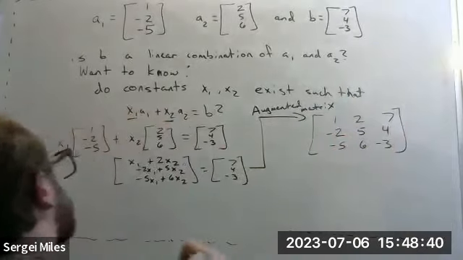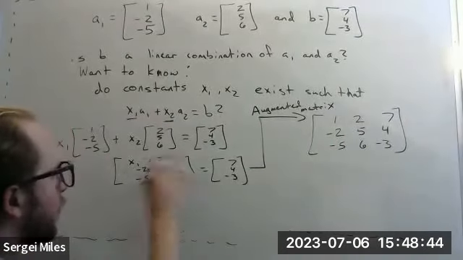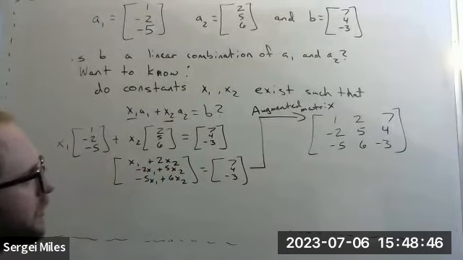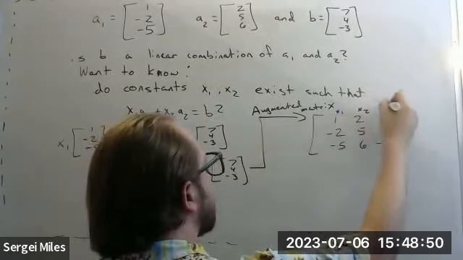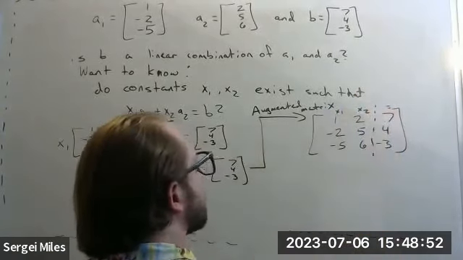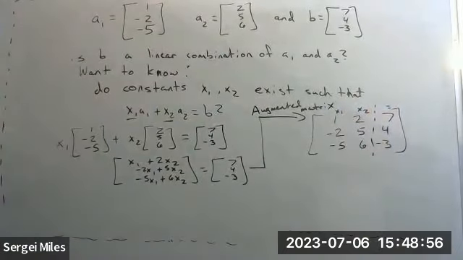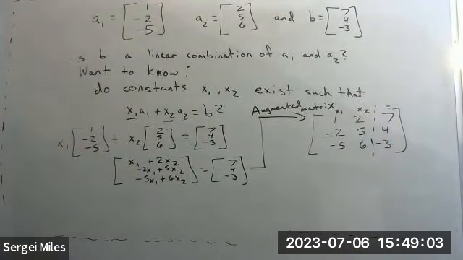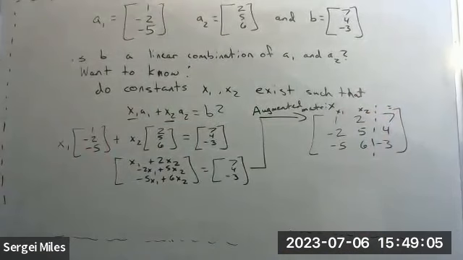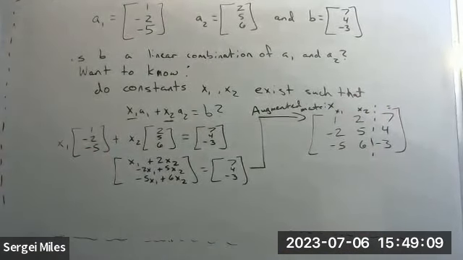Right? We now have this in the augmented matrix format for this system of linear equations. And now we're just trying to find out, okay, well, what's x1? What's x2? So on and so forth, that could make all of these equations happy at the same time. It's possible there could be more than one solution. Or it's possible there are no solutions, or maybe there's just one, just as we discussed yesterday.